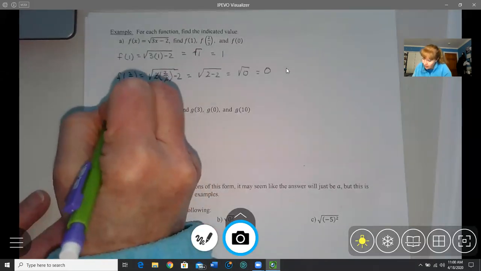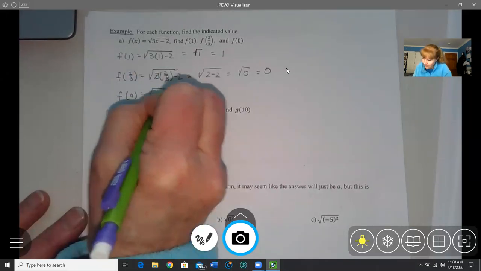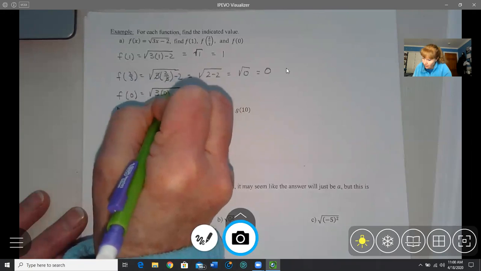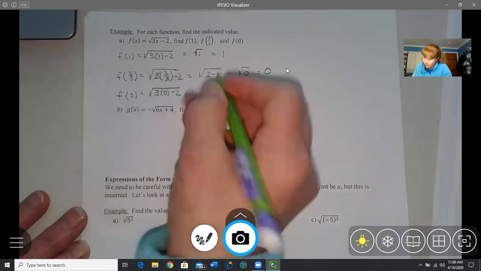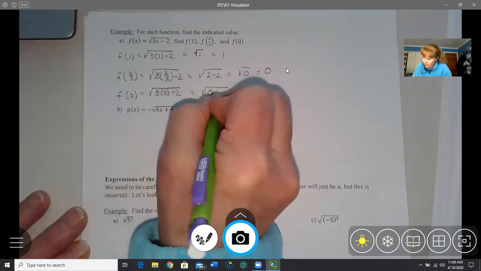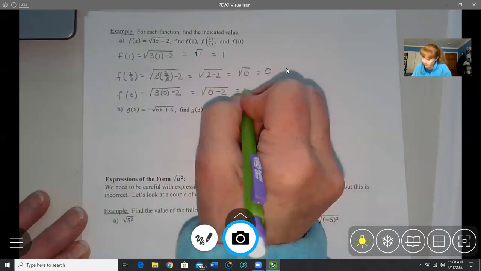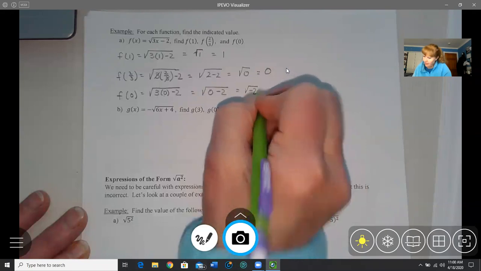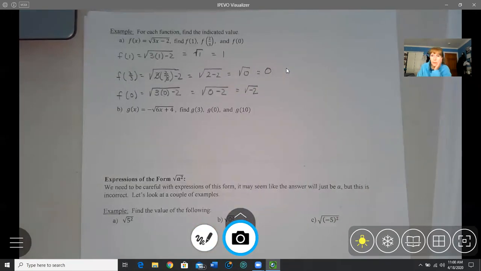Let's put in 0 now. So we have 3 times 0 minus 2, which gives us the square root. 3 times 0 is 0. Well, we talked about this before with the -4, and this cannot be reduced.